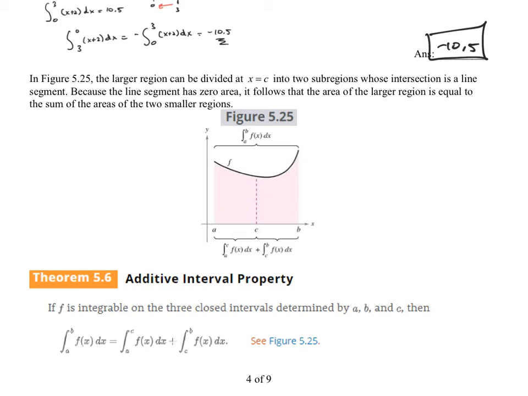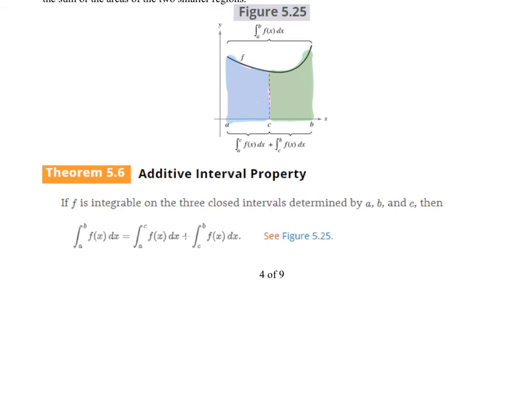What they're saying here is the red area is the same thing as finding the blue area, the first half that I just shaded, and the green area, the second half that I just shaded. So instead of finding that red area, we could find the blue area, and then find the green area, and then add them together.